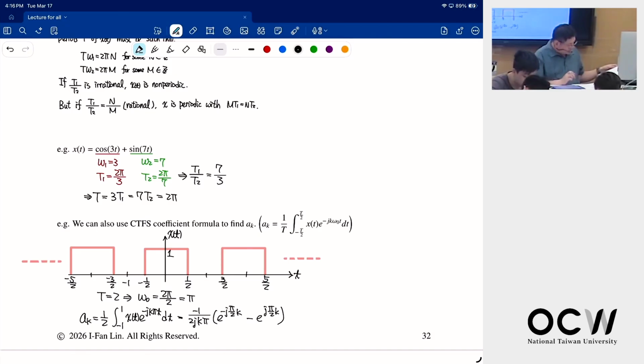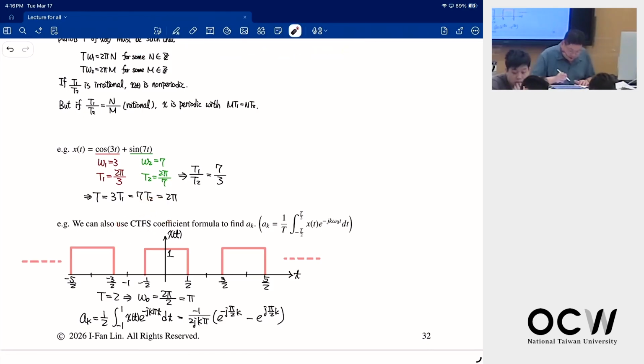And we do have to do some integration, but well, you will see. Okay, so here we just talk about the continuous time Fourier series.